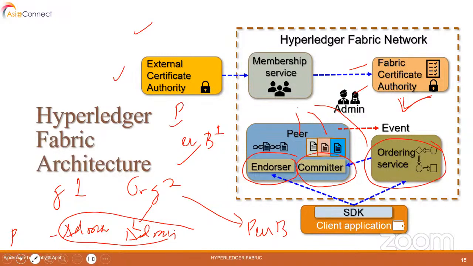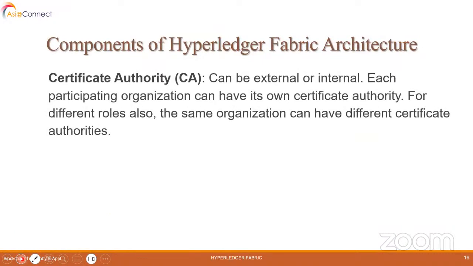So now, let's see. Certificate authority, I told you, can be external or internal. And each participating organization can have its own certificate authority for different roles also. The same organization can have different certificate authorities. So a certificate authority can be, for example, for students, Dean Student is the certificate authority.